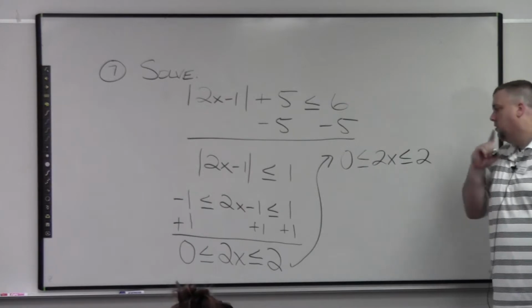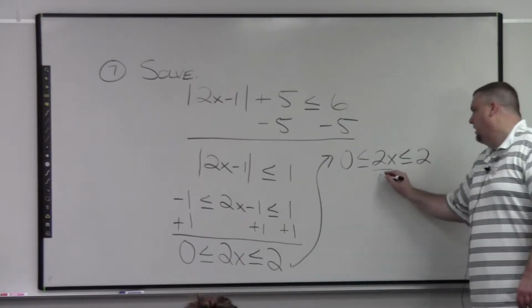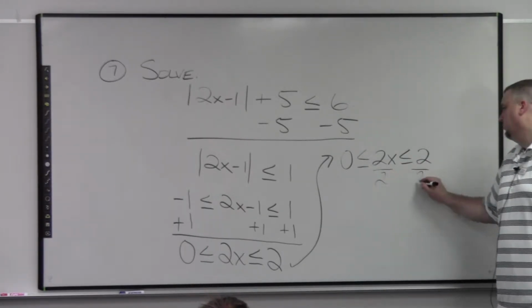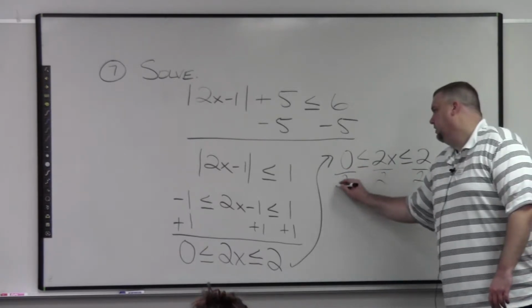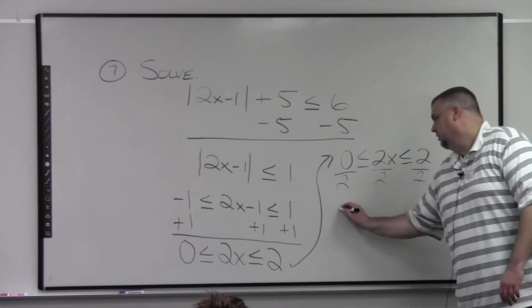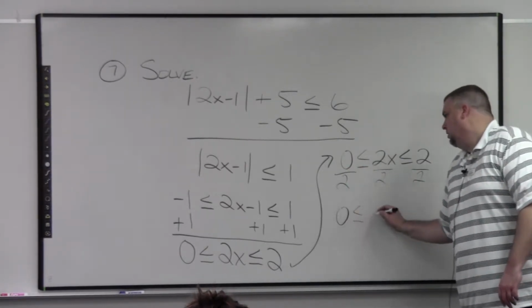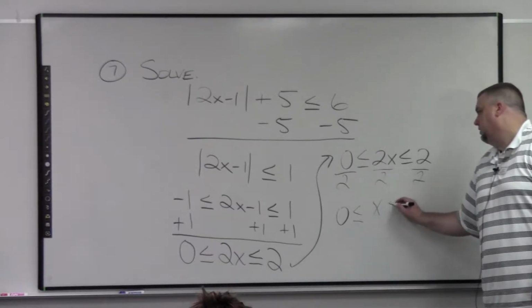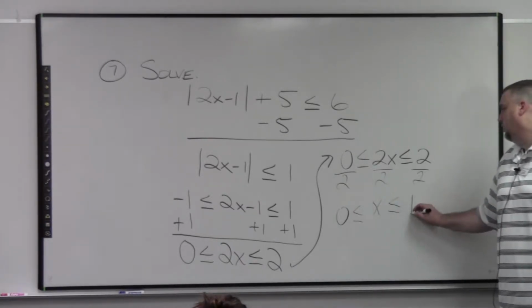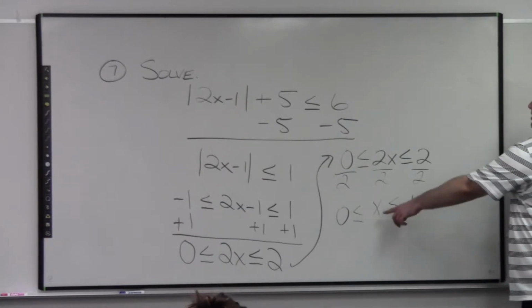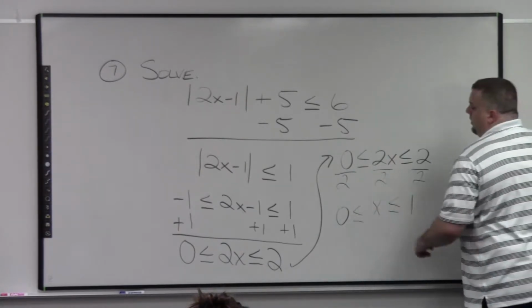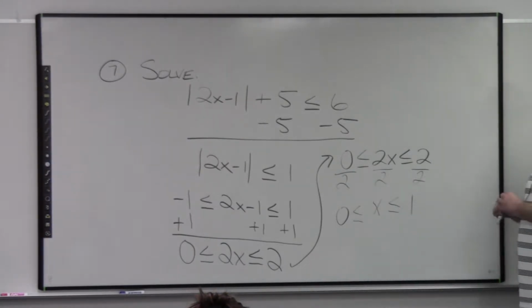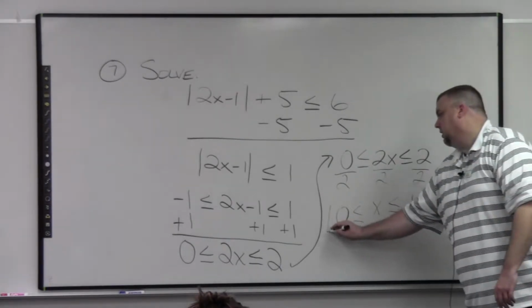So what do we need to do now? Yeah, let's divide everything by 2. What's 0 divided by 2? That leaves us our x, and 2 divided by 2 is 1. So we have x is less than or equal to 1 and greater than or equal to 0. It's between 0 and 1. And what answer choice would that be?